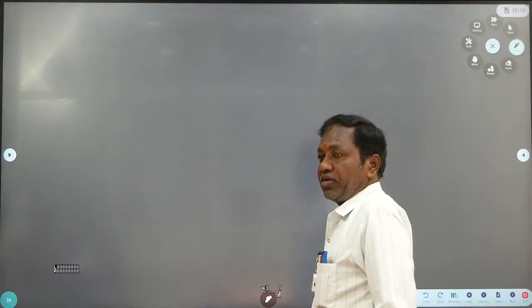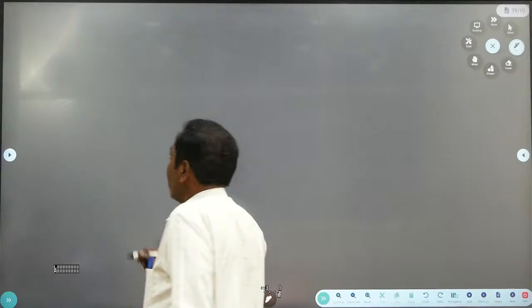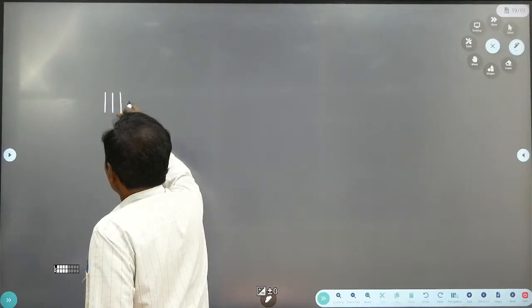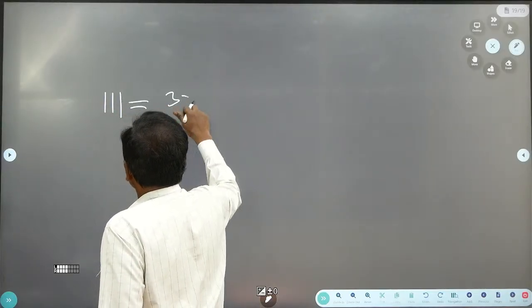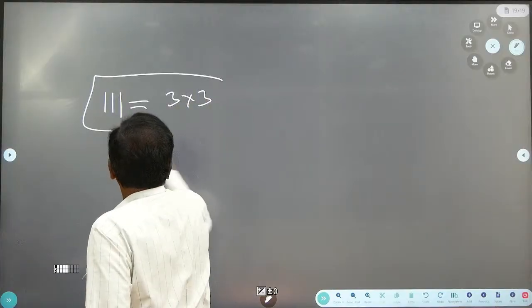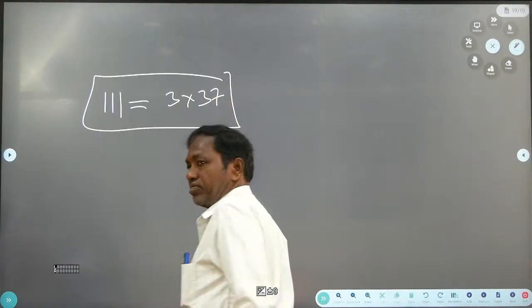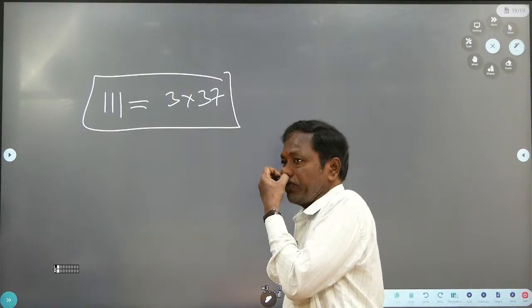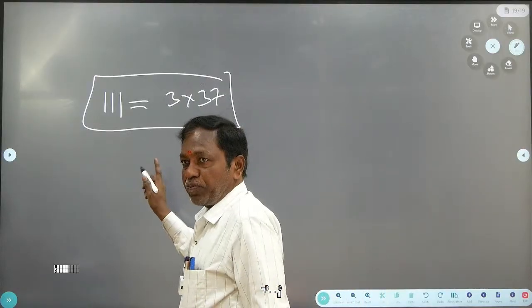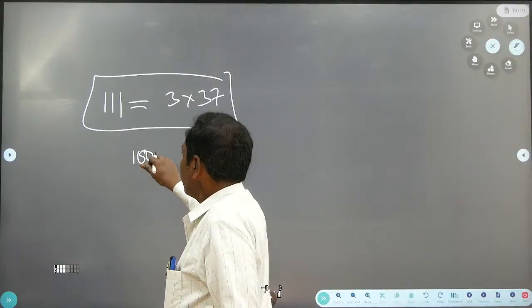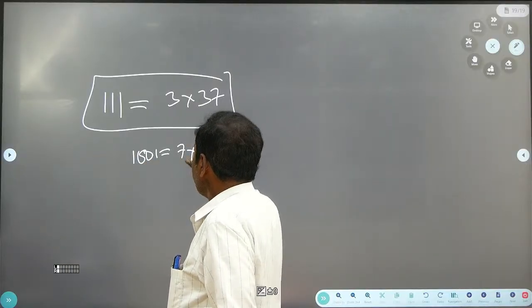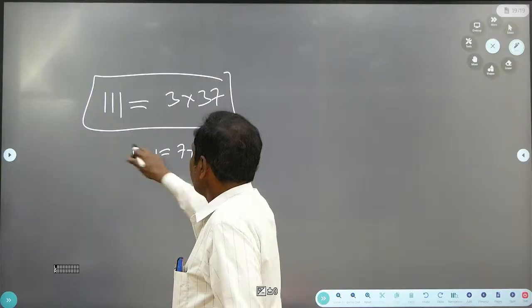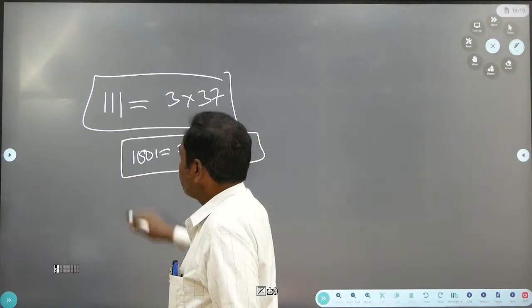Now you can see 111 is equal to 3 into 37. Put it in a rectangular box; this is a very fixed property. 1001 is equal to 7 into 11 into 13. You check this value, use the calculator and tell me.